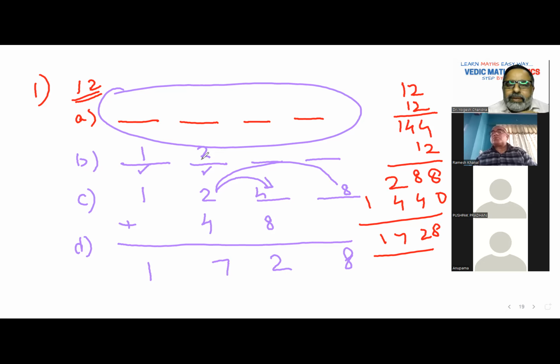Third position square, fourth position cube. Then just double the middle terms. Got it? Any doubt now?